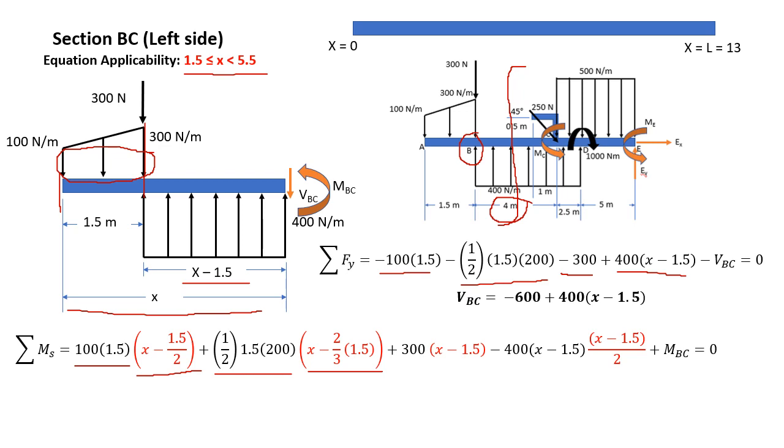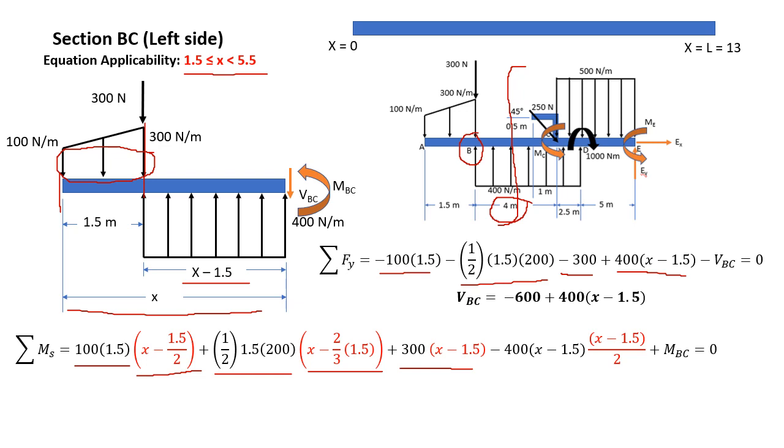And then for the concentrated load, it's simply 300 times x minus 1.5. Take note that they are all positive because the moment is counterclockwise about the section.